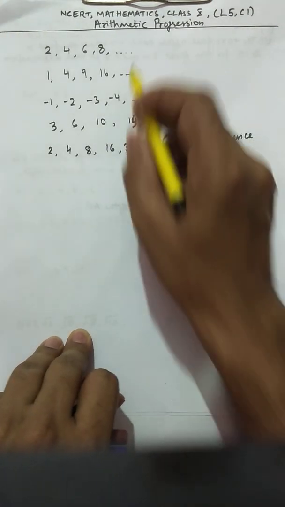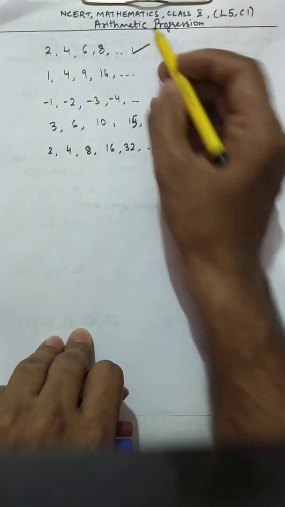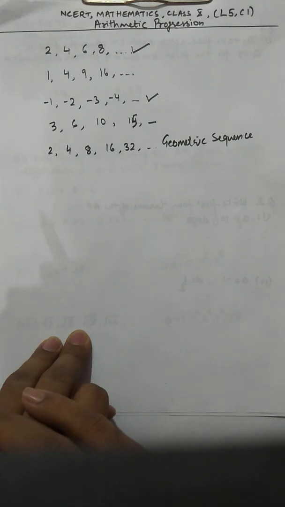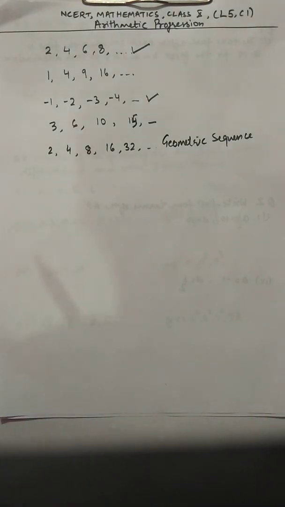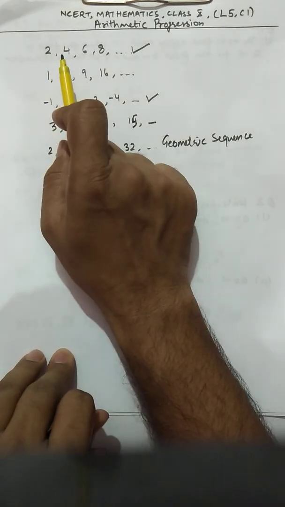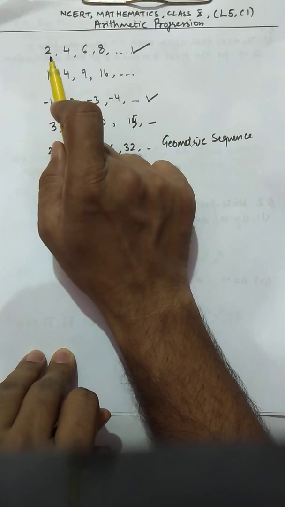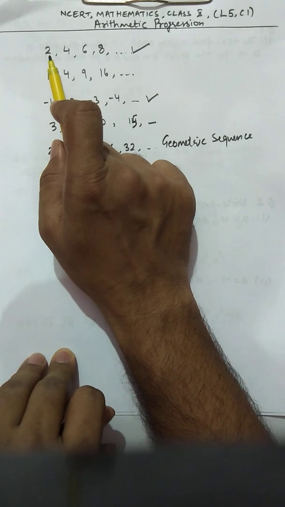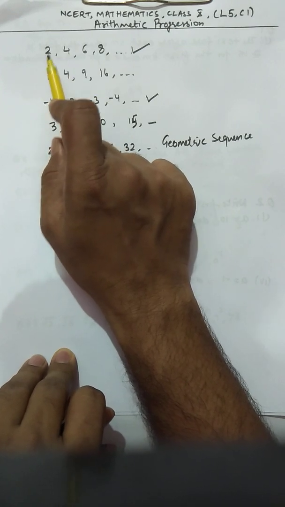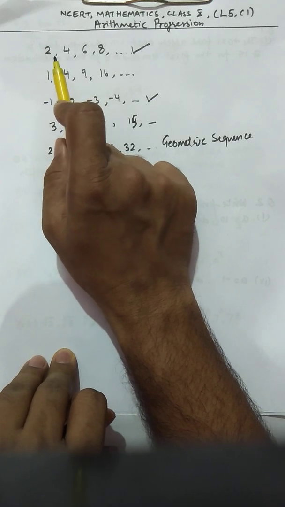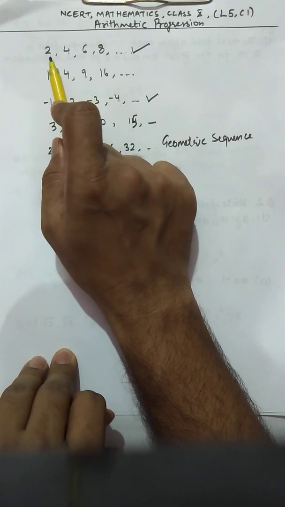And this specific type, especially this one you see, there is a specific pattern, and that pattern is one particular number is being added every time to the preceding number. Like 2, we don't add anything in 2, but yes, 2 will be obtained. You have to start from 2, but next number 4 you have obtained after adding 2 to 2.